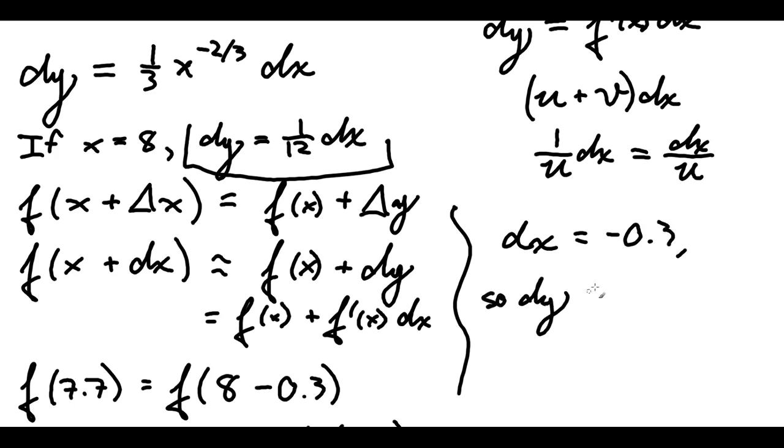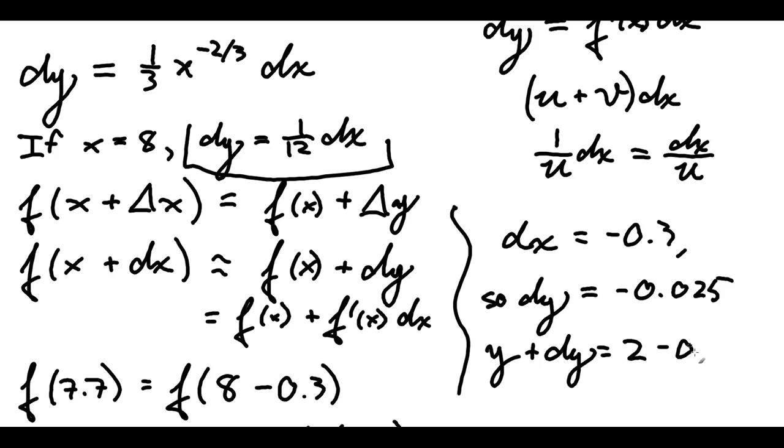So in this particular case, dy is equal to 1/12 of negative 0.3. So we work out what dy is. And now we take y plus dy. So that is 2 plus the dy. And work it out that way.